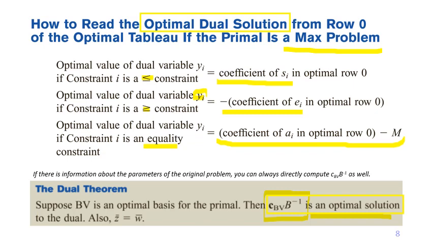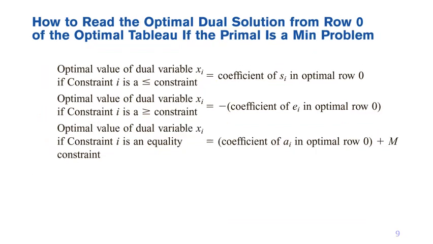If you have already got the optimal table, then you may follow these steps. If you don't have the optimal table, but you know the basic variables in the optimal basis, then you just need to compute CBVB inverse directly. So whichever information is available to you, the point is you need to obtain CBVB inverse to get the optimal dual solution.